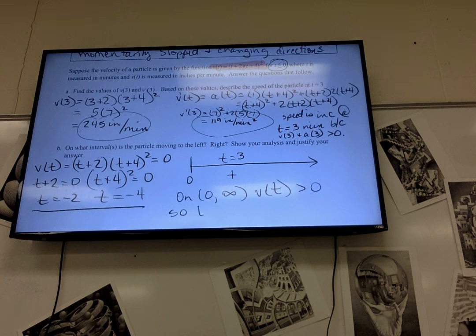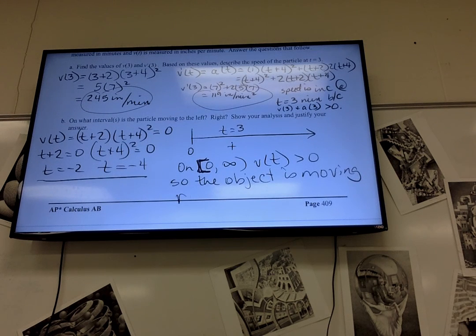Say that again? Yes, you should include the 0. So the object is moving right basically all the time from 0 to infinity because it's always positive.